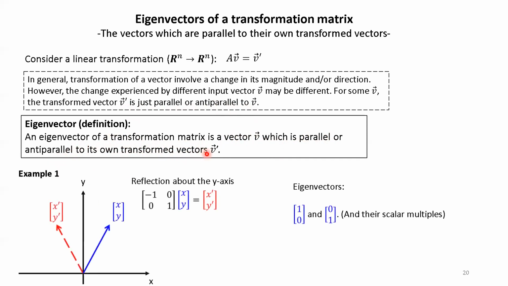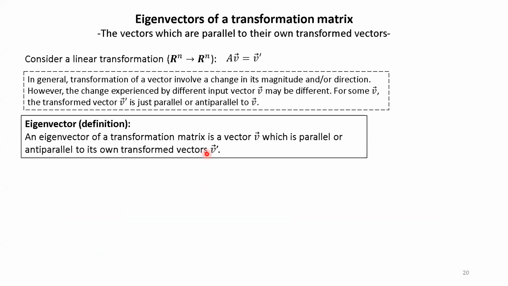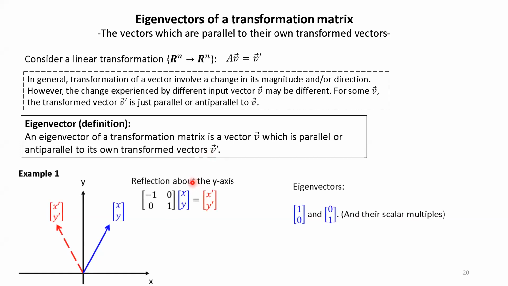Here is another example. If I talk about reflection about the y-axis, what are the eigenvectors? Remember the definition: after transformation, the direction has to remain unchanged, or it just goes to the exact opposite direction.